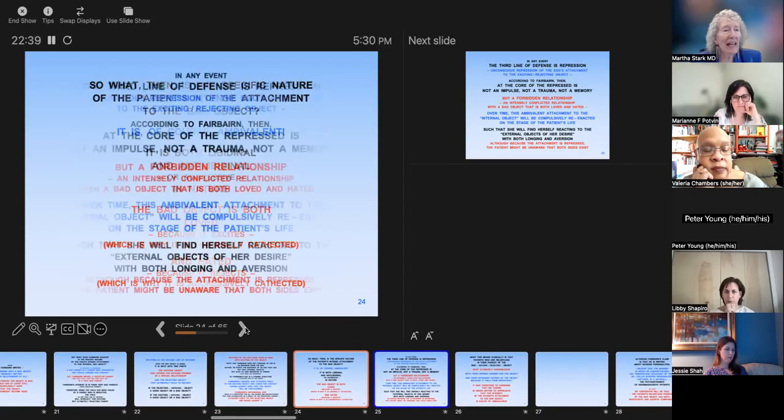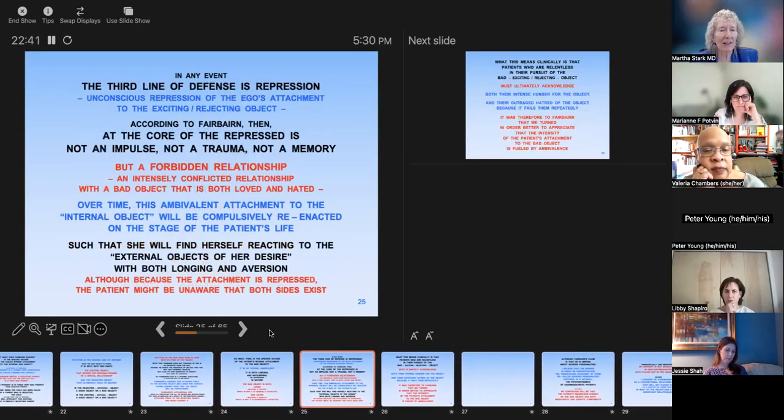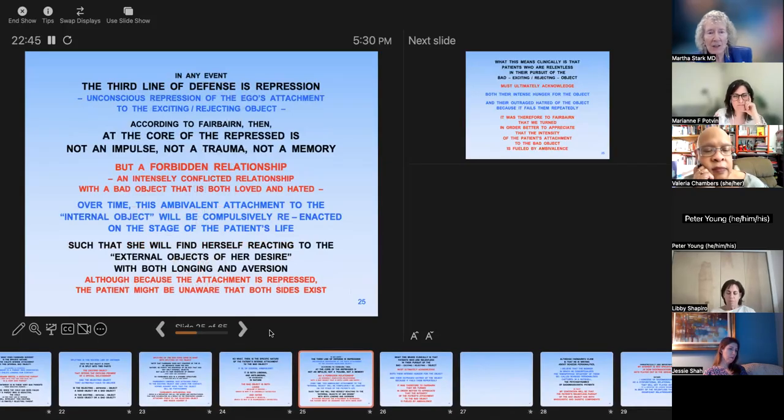In any event, the third line of defense is repression, unconscious repression of the ego's attachment to the exciting, rejecting object. According to Fairbairn, then, at the core of the repressed is not an impulse, not a trauma, not a memory, but a forbidden relationship, an intensely conflicted relationship with a bad object that is both loved and hated.